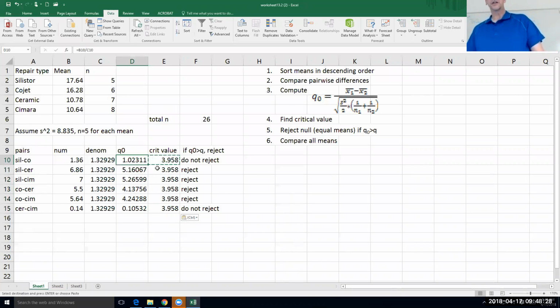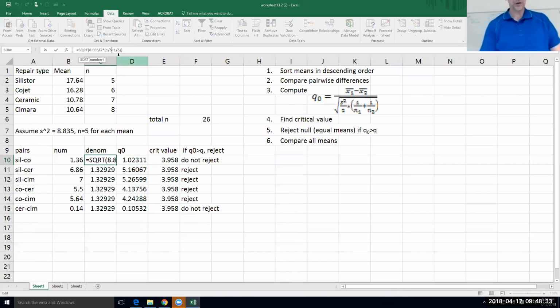This is where it gets a little bit dicey because now the sample sizes differ. Now the first one, here's what I'm going to say. We're comparing the n of the Sillistor plus the n of the cojet. In this case, we're comparing the n of the Sillistor plus the n of the ceramic. This one we're comparing the n of the Sillistor plus the n of the Samara.